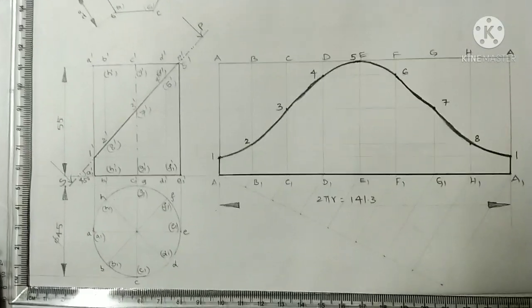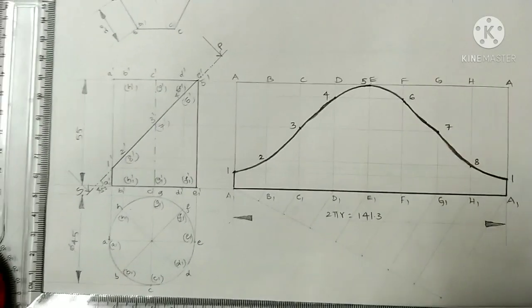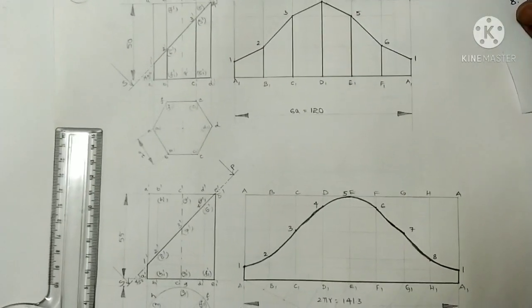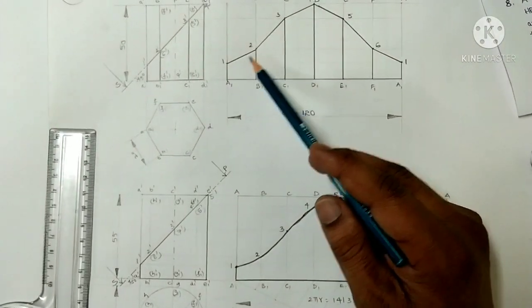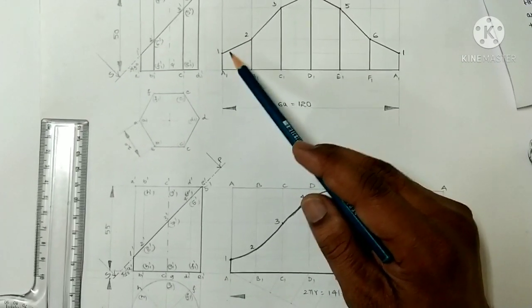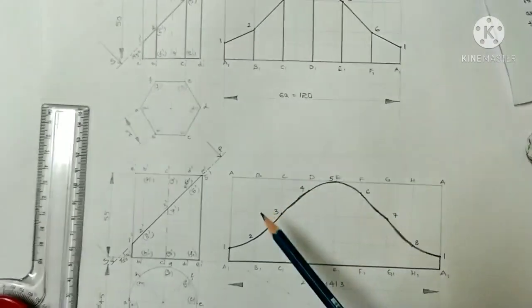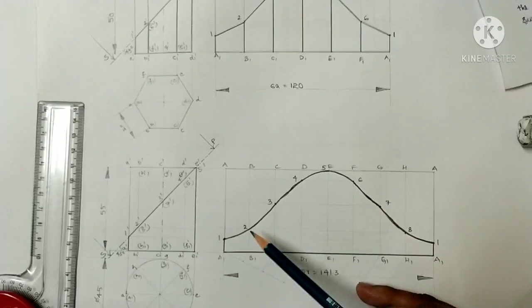And here we can compare the development of surfaces of the cylinder with the hexagonal prism. We can see this diagram here. These lines, by scale, we have to join all the points. That means the lines must be straight. And here if we come to the curve, this one is a freehand curve.